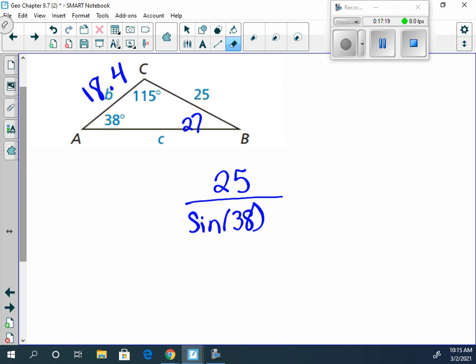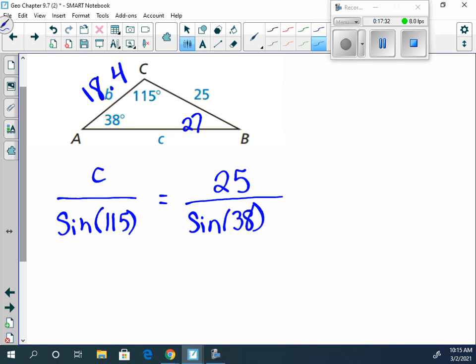Now we're missing side length C, and this is going to be over sine of, what would that be? 115, because 115 is opposite side length C. So we want side length C and the angle opposite it.